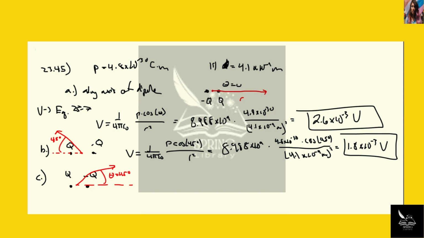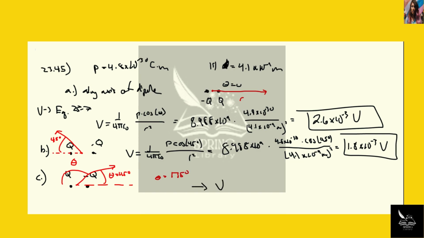Since we always have to measure from the same point, which means if we measure this one from the left side, we have to measure this one from the left side. So our theta actually is 135 degrees in this case.